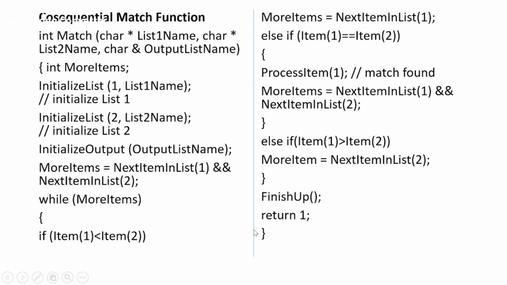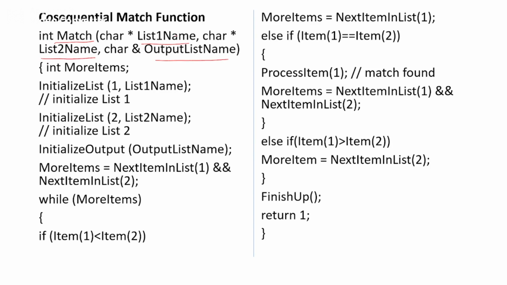Now let us go for the function of the cosequential match process. If you consider here, you will be having different functions inside the match function. You can see the match function has different parameters: list 1 name, list 2 name and output list name.